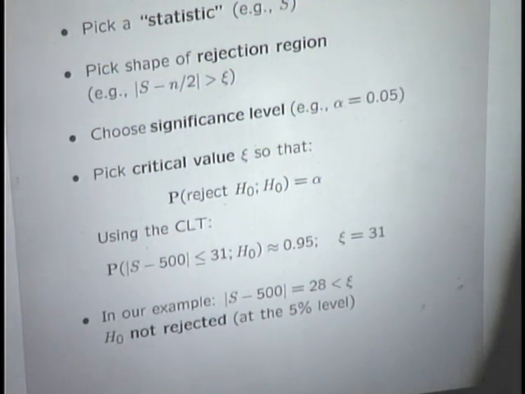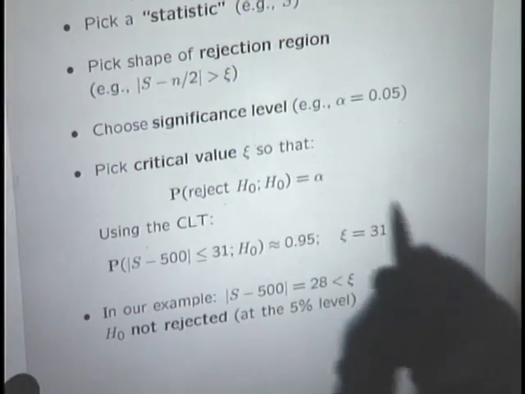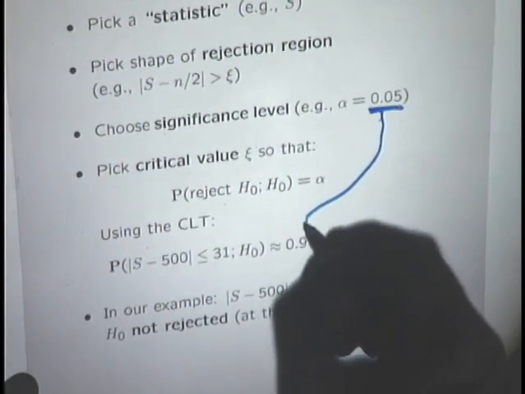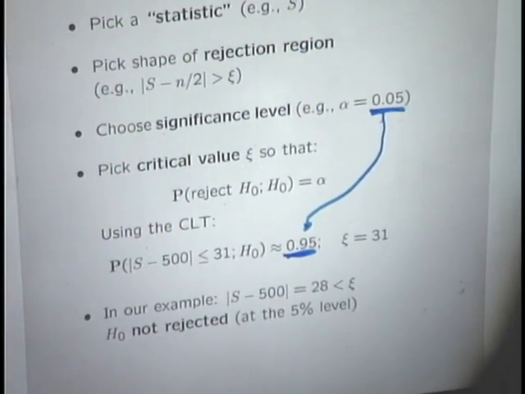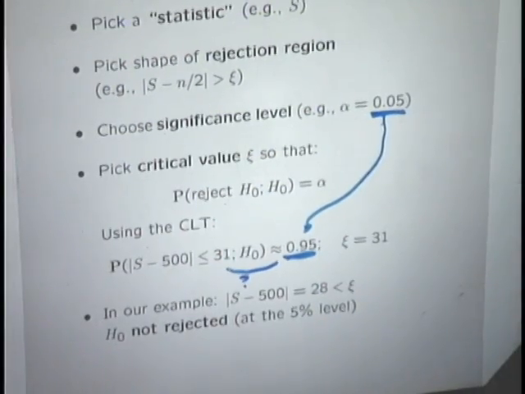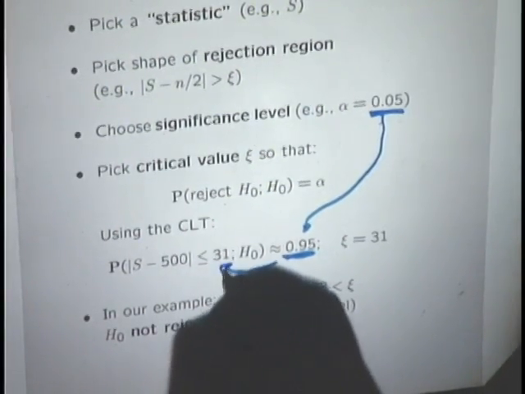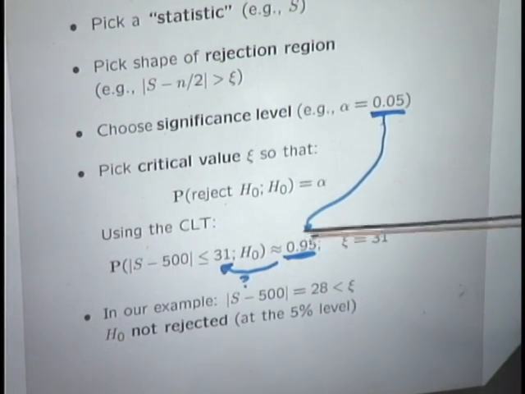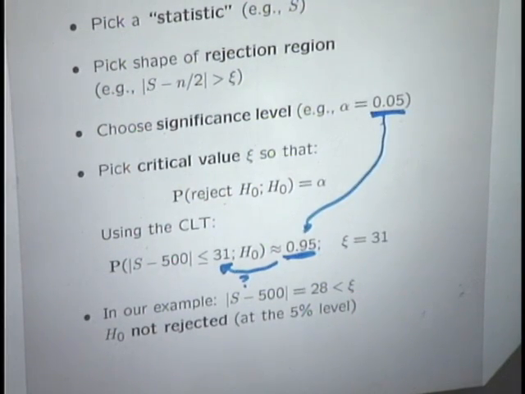So the way the exercise is done, of course, is that we start with this number, 5%, which translates to this number, 95%. And once we have fixed that number, then you ask the question, what number should we have here to make this equality true? It's again a problem of this kind.